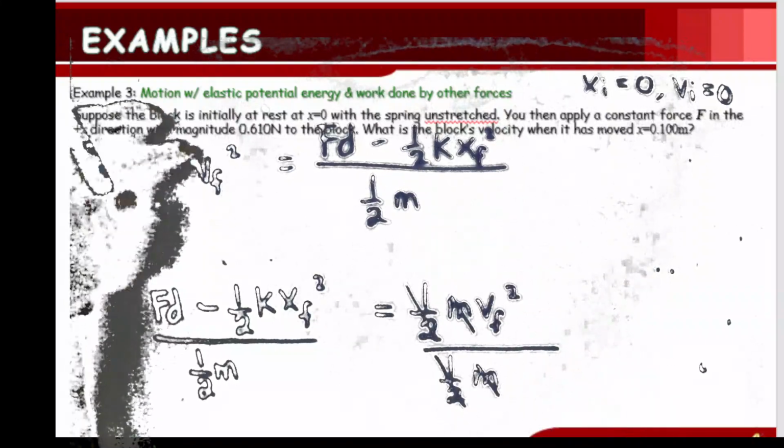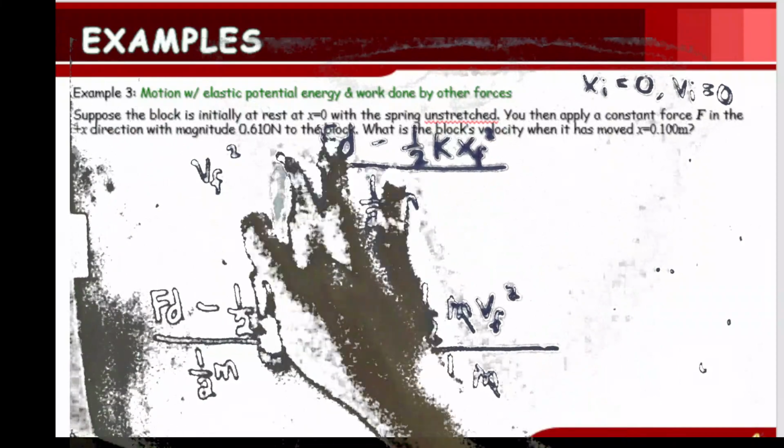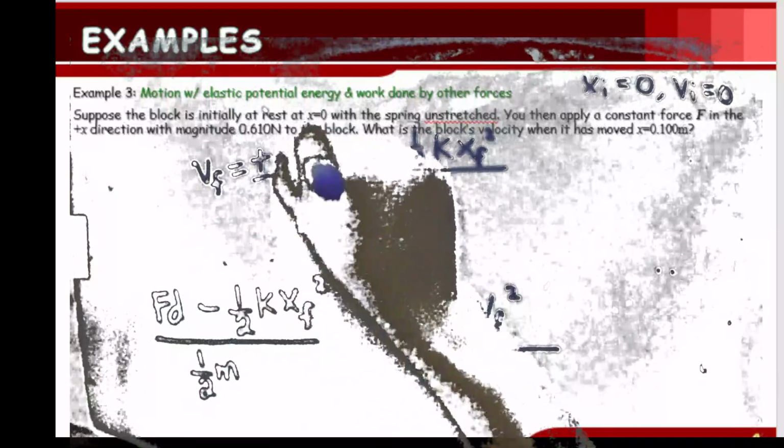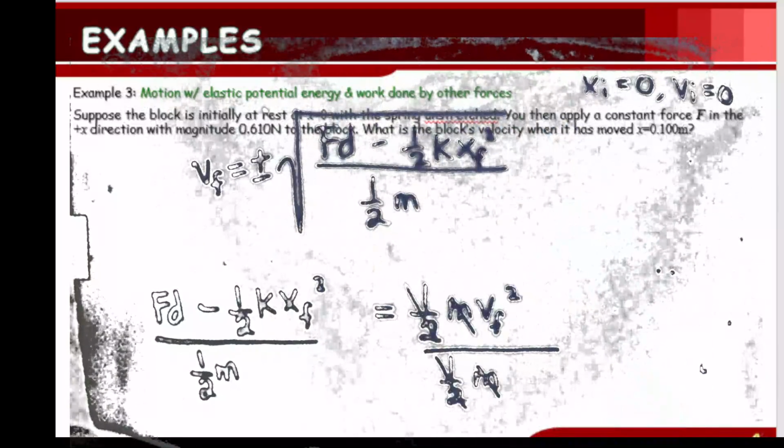Okay, since this is squared, to find the final velocity we will take the square root. So what we have is plus minus the square root of this value.